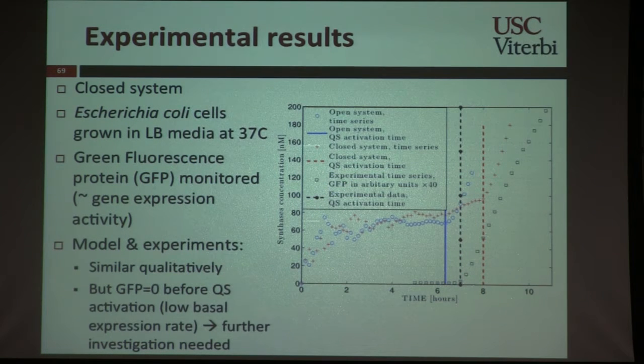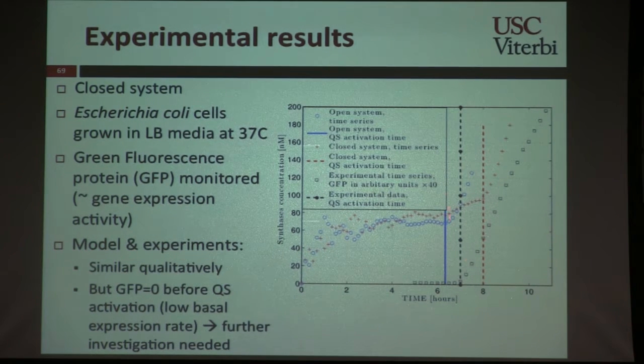This is also looking at synthase concentrations, and there too, we get a decent match. But one of the things that I want you to take a look at, and this is a little hard to parse here, is that these boxes correspond to experimental data, and this is actually for a closed system, and in this particular case, our models are not as good.